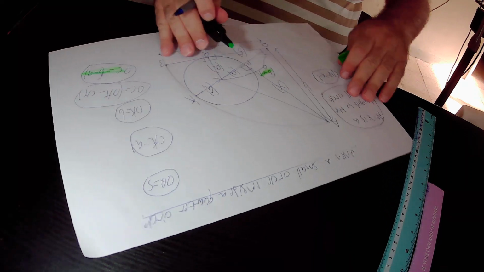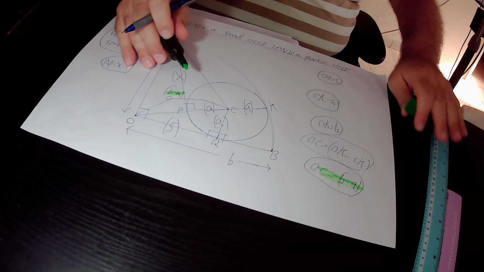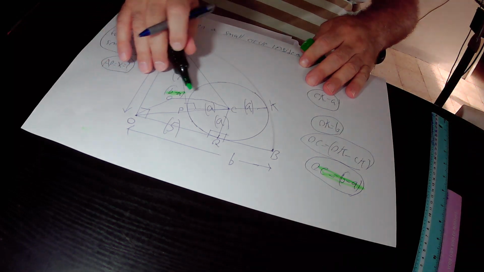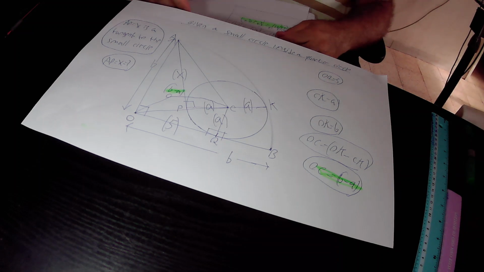So in the next step, I'll copy the right triangle OCQ in a new page, and we will implement the Pythagoras theorem on this right triangle OCQ.